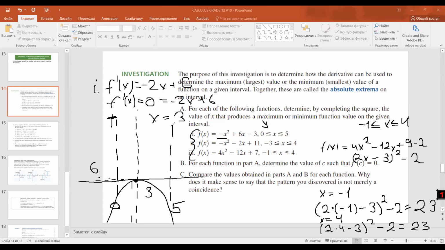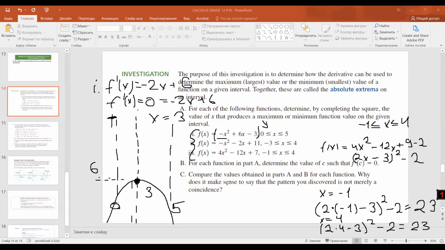x equals 3, but to find the y coordinate, I need to plug x equals 3 into the initial function. Okay, no, not this one, but this one. And by knowing the x coordinate, you already know the position of this extrema, right?